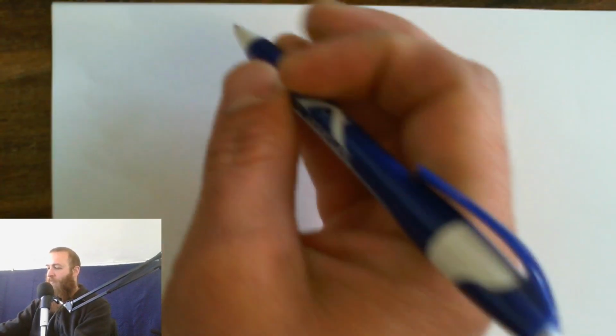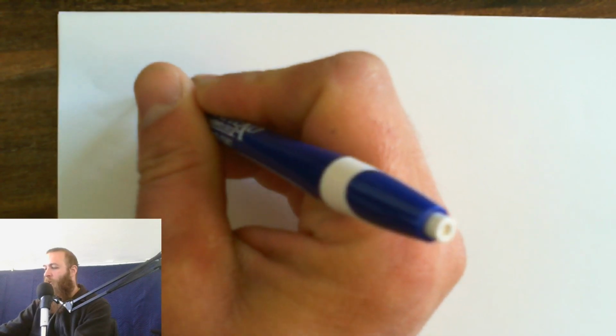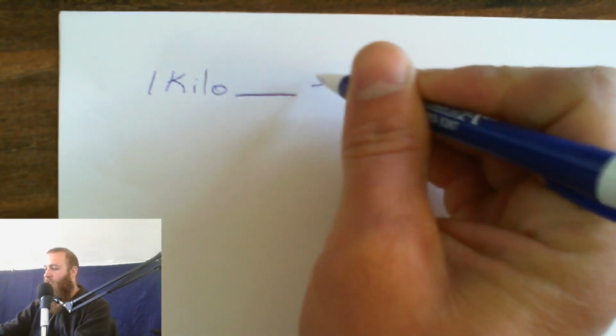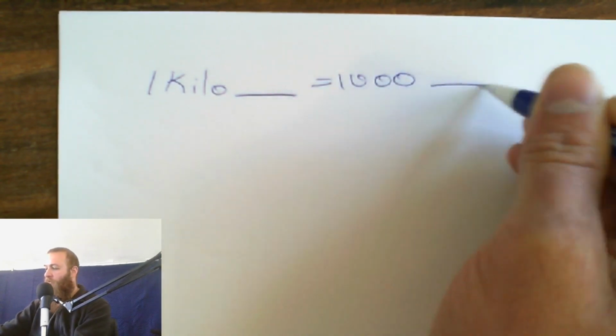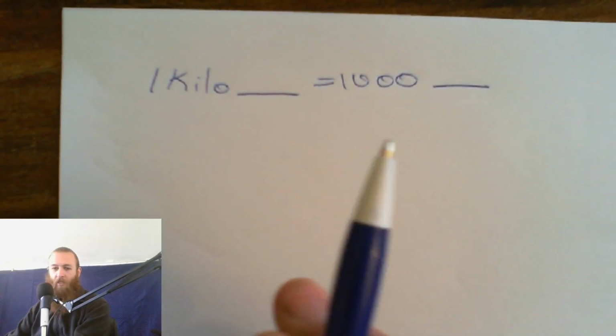So if you remember the conversion factors, what was it? 1 kilo base is equal to 1,000 of those. So I could put meter, I could put liter, and you get the idea.